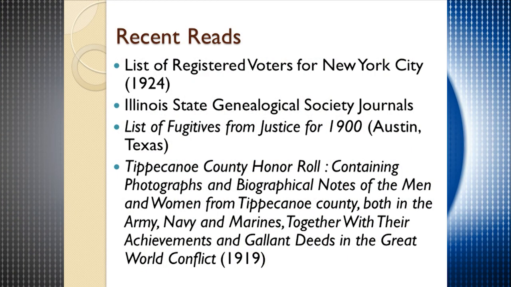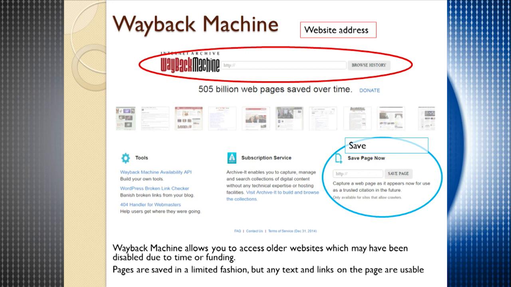Now, another thing to keep in mind is that the Wayback Machine is a great place to look at old websites which may have gone defunct. Remember when RootsWeb went out of commission and we were sobbing into our Weetabix for 8 or 9 months until the site came up? That's why I keep those links in my browser.